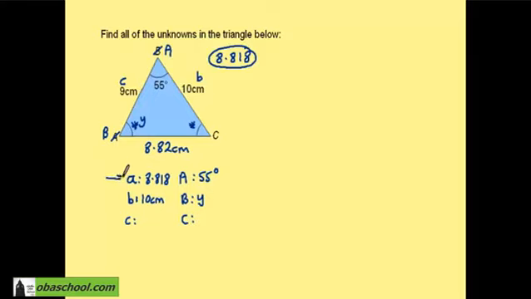We can see we know a pair of information, which means we can use the sine rule. We're using the sine rule to find an angle, so angle's on top.